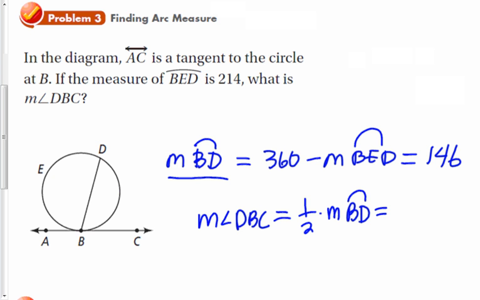And we just got that the measure of BD is 146, so 1/2 times 146 is equal to 73. So basically what we're saying is this arc here is 146, and this angle right here is 73. Go ahead and try that.